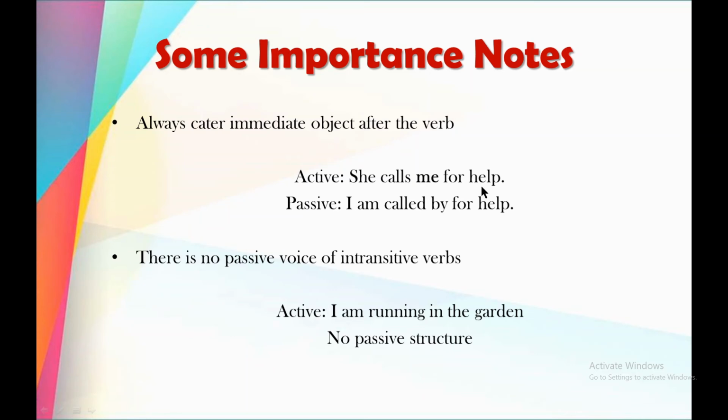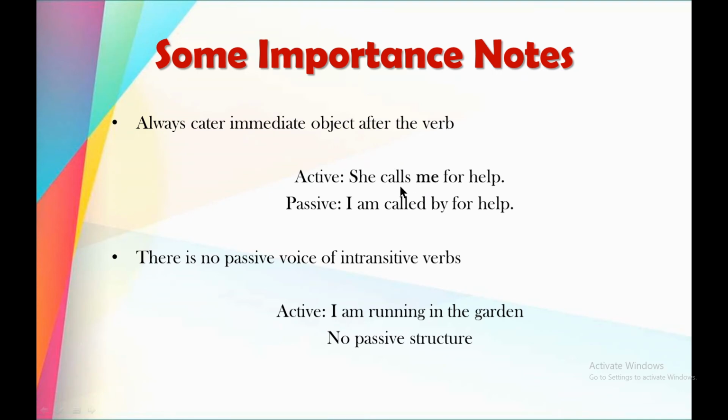Now many students will take this as their object and they will drag this at the initial position of the sentence. But my dear students, what you exactly need to do is always cater immediate object after the verb. If the sentence has 2 objects, you have to cater the first right after the verb. She calls me.